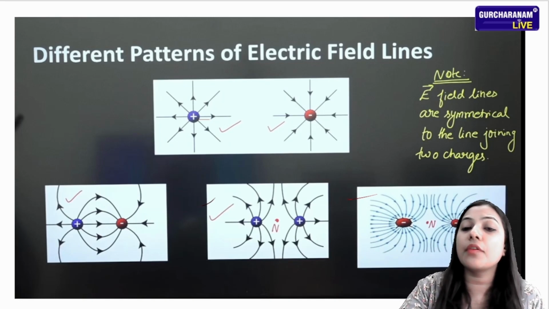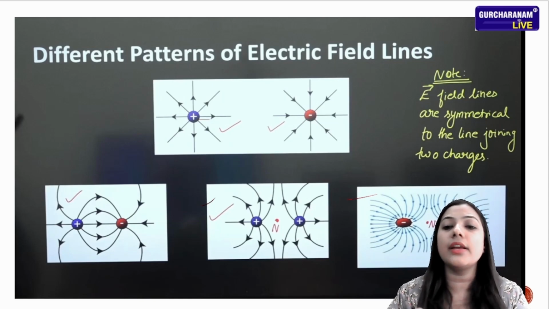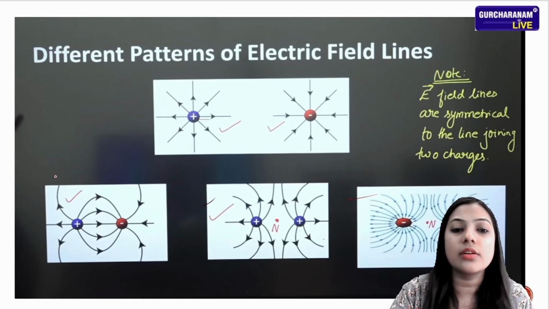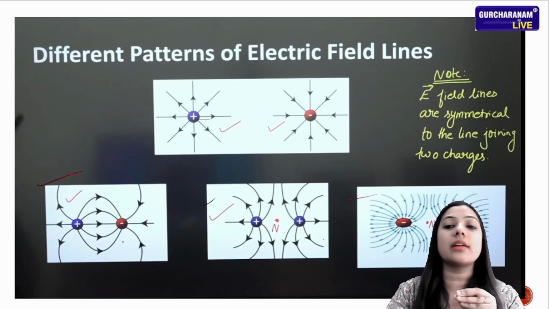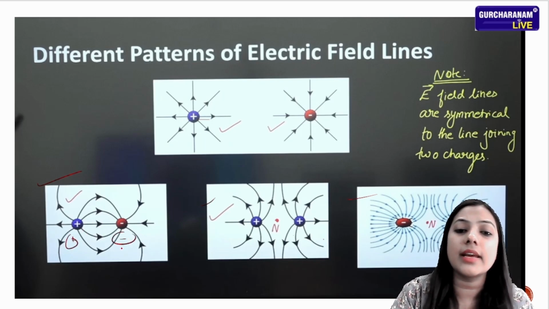And one more point: electric field lines are symmetrical to the line joining two charges. There are two charges, and you can see this diagram. Electric field lines are symmetrical to the line joining the two charges. These are two charges, this is the positive charge and this is the negative charge.